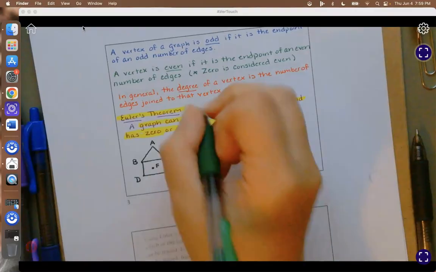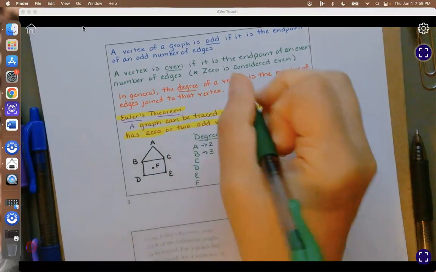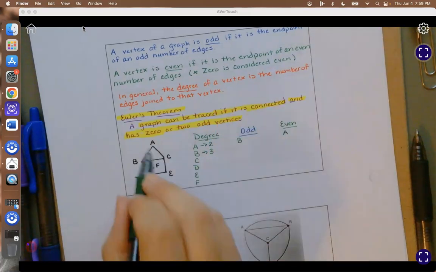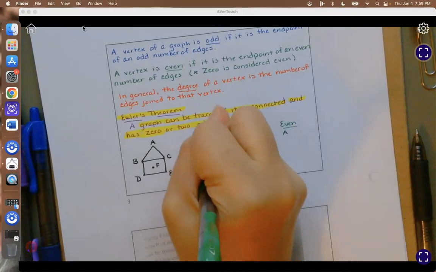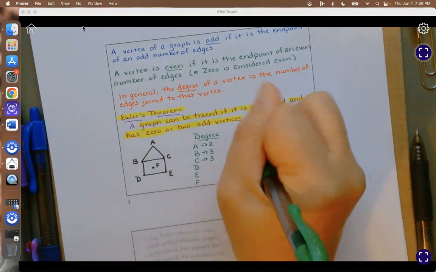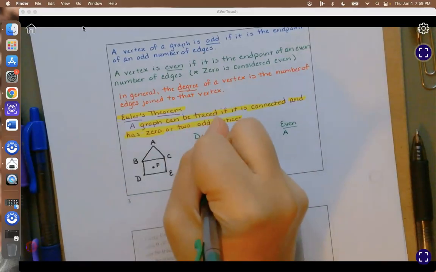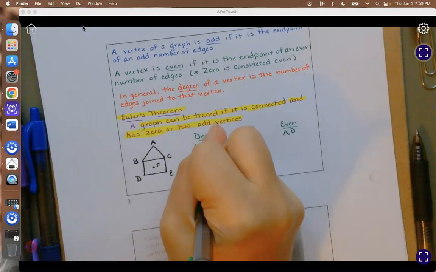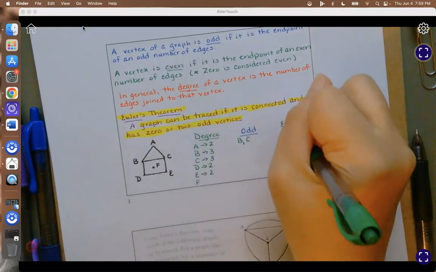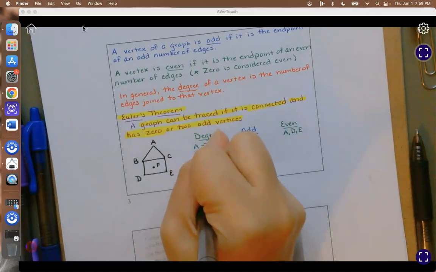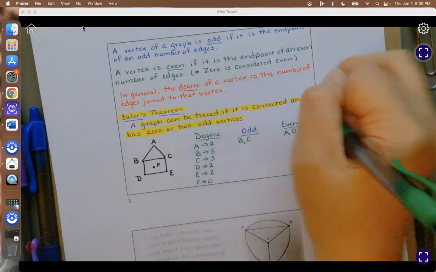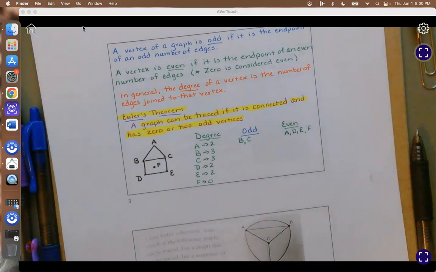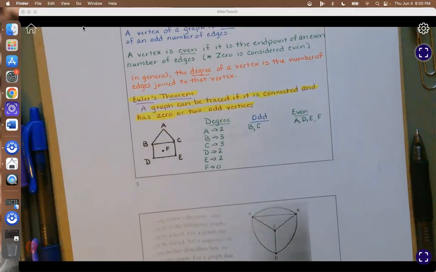Now, let me remind you what a connected graph is. To be connected means you can travel to any other vertex by moving along successive edges.